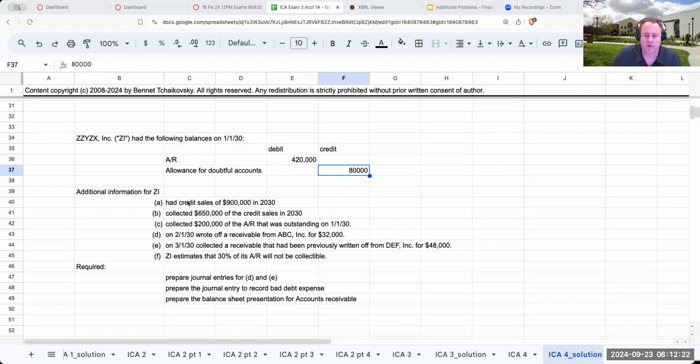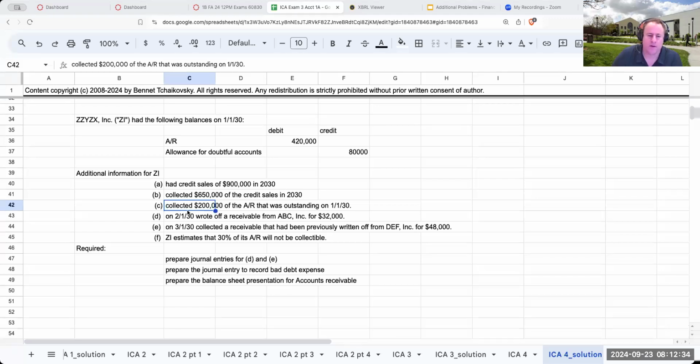We got some additional information: credit sales of 900,000 in 2030, collected 650 of the credit sales in 2030, collected 200 of the AR that was outstanding on 1/1/30. Wrote off a receivable from ABC for 32,000. On 3/1/30, collected a receivable that had been previously written off for 48. And then I'm estimating that 30% of my AR will not be collectible.